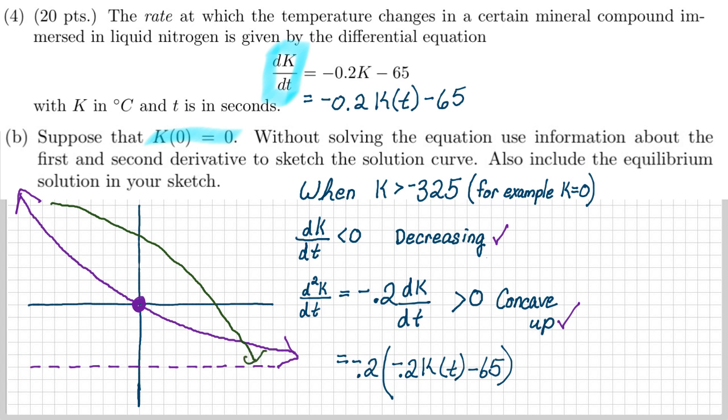See, that's going to be really hard. So it's the fact that the first derivative is decreasing that tells us that the second derivative has to be positive. It has to be concave up. Because if it weren't, our solutions would cross. Okay.